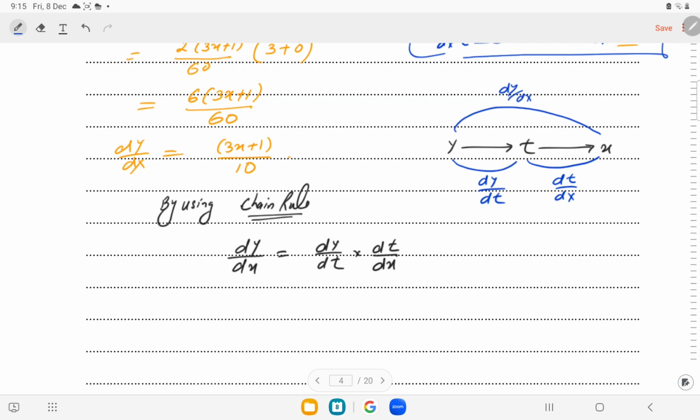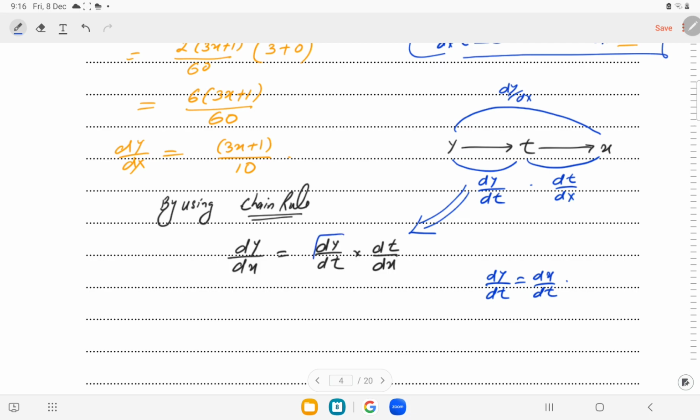So dy by dx, here I can write it. So from here I derive the rule: dy by dx is equal to dy by dt times dt by dx. And as it is given, dy by dt is equal to dx by dt, right?